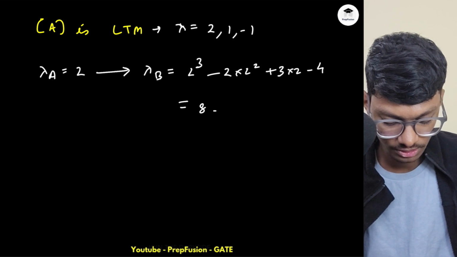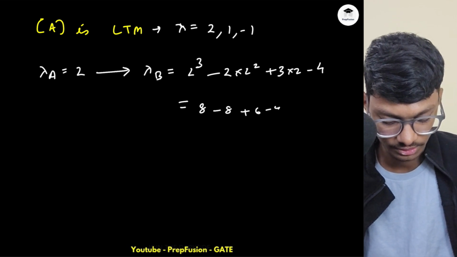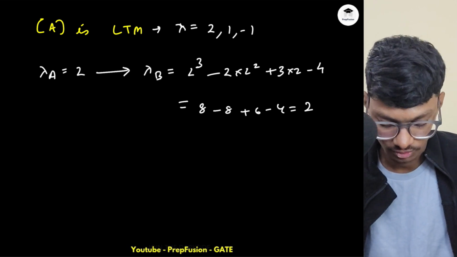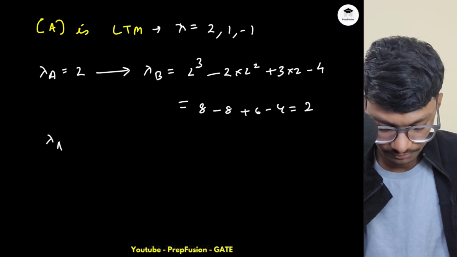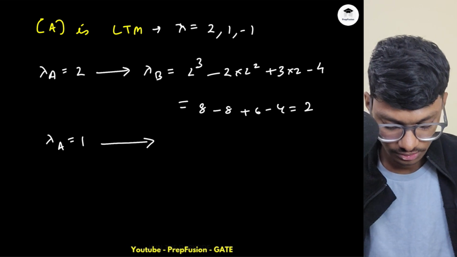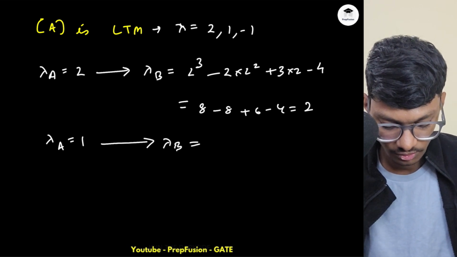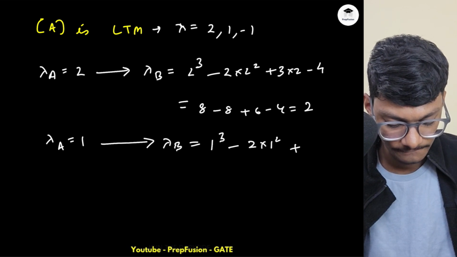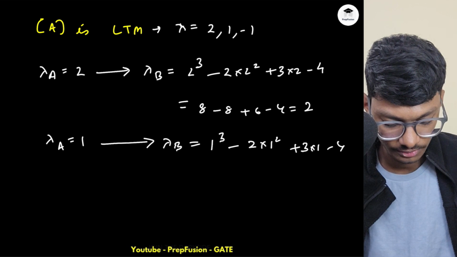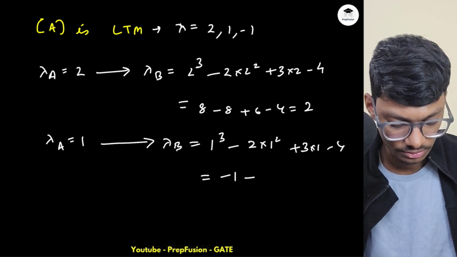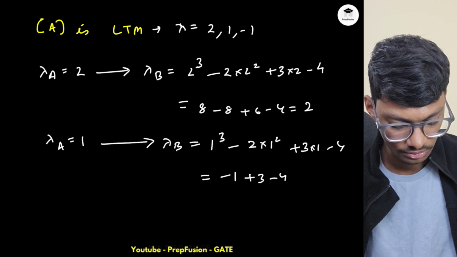So this is 8 minus 8 plus 6 minus 4, which equals 2. So lambda B is 2. Now for lambda A equals 1, lambda B equals 1 cube minus 2 into 1 square plus 3 into 1 minus 4, which is 1 minus 2, which is minus 1, plus 3 minus 4.